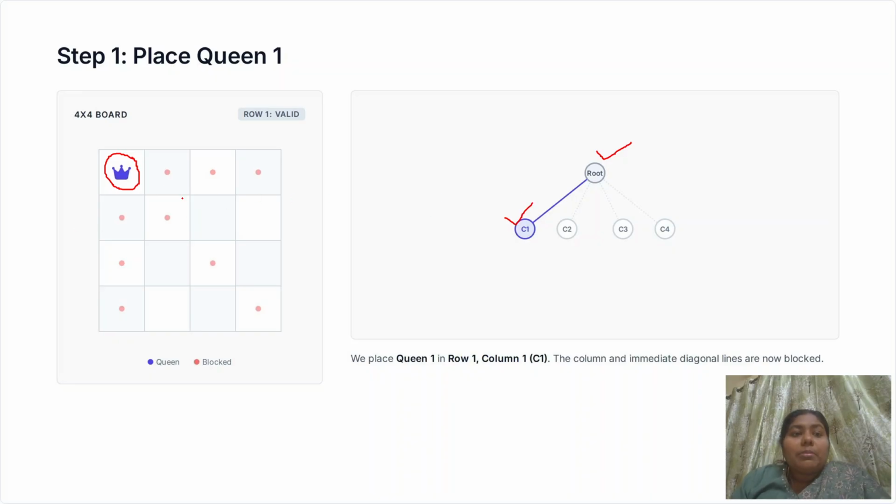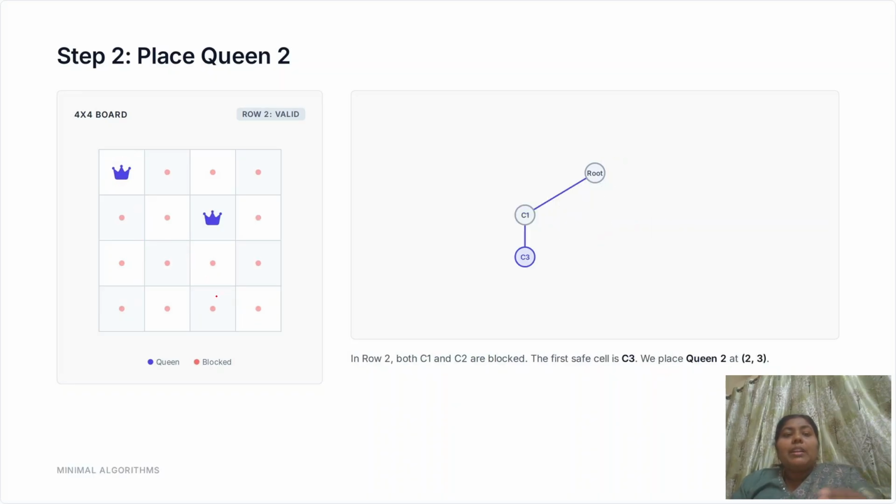Now I am not able to place any queen on the first row, nor on the first column, and on the diagonal also it is not possible. So I am going to the next state.